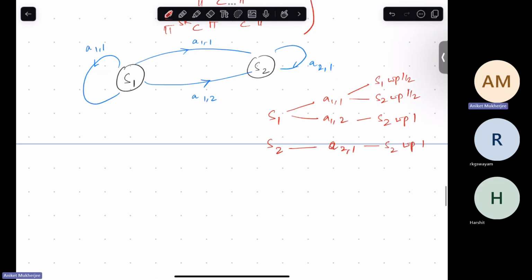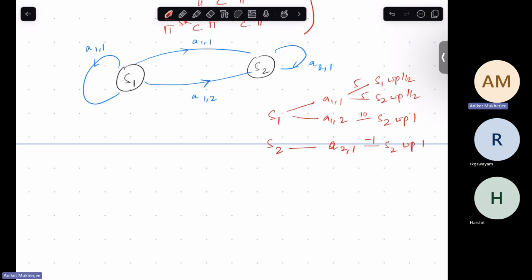Okay. And the rewards: choosing A11 at S1 gives me reward 5 wherever I go. Choosing A12 at S1 gives me 10 reward. Choosing A21 at S2 gives me -1 reward. So these are my rewards. I want to maximize my reward. So I'll add the rewards also here.